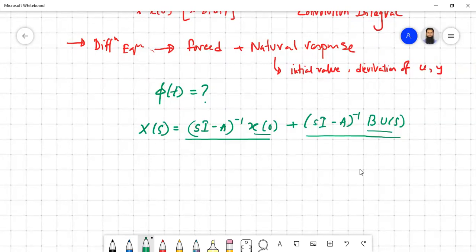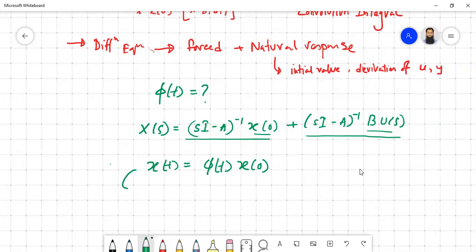Now, let us take the Laplace transformation of x(t). The solution of the homogeneous equation is x(t) equal to phi(t) times x0.